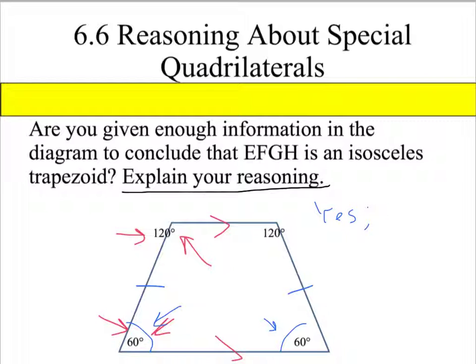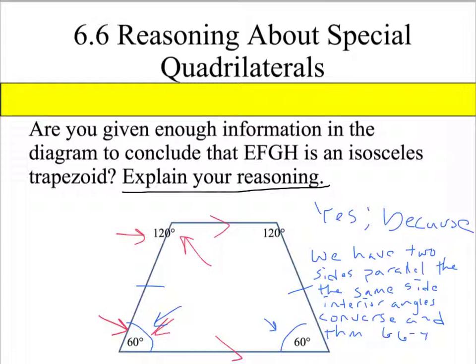So yes, we do have an isosceles trapezoid because we have two sides parallel due to the same side interior angles converse, and because of theorem 664, which we learned yesterday.